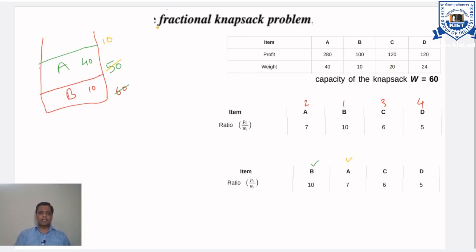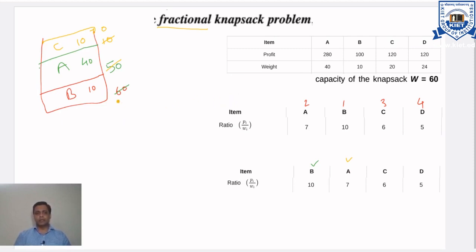But since it is a fractional knapsack problem, we can't put C as a whole, but we could take a fraction of this item. So instead of taking 20 kg, we just pick 10 kg, because we are left with 10 kg of capacity. Now the bag capacity remaining turns into 0. So now the bag is full, we can't take any more items.